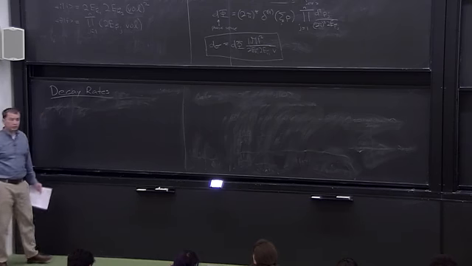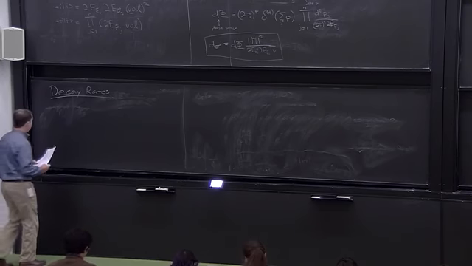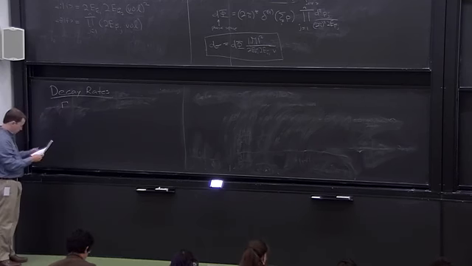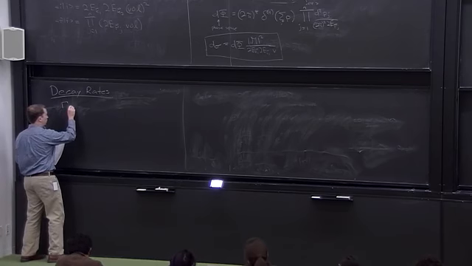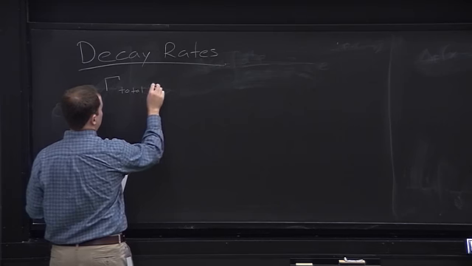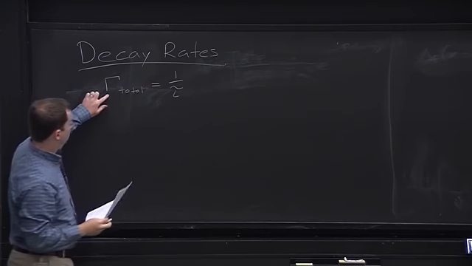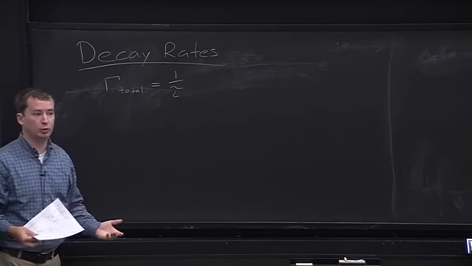So for decay rates, almost everything works in exactly the same way as before. There are a few small differences. The first thing to do is to understand what type of decay rate we're talking about. The one you're probably most familiar with is the total decay rate, which is just 1 over the lifetime. We have some unstable particle.